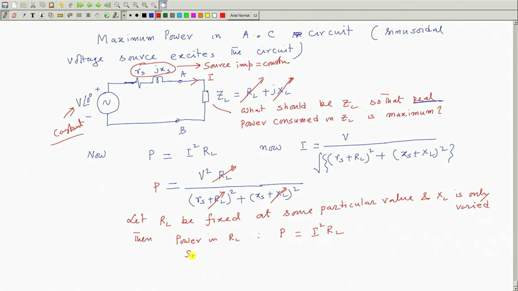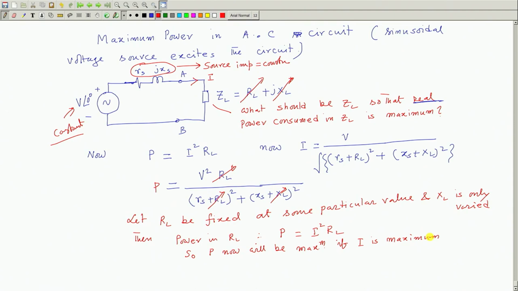So, P will be maximum if I is maximum, and I is this expression where RS, RL is fixed.